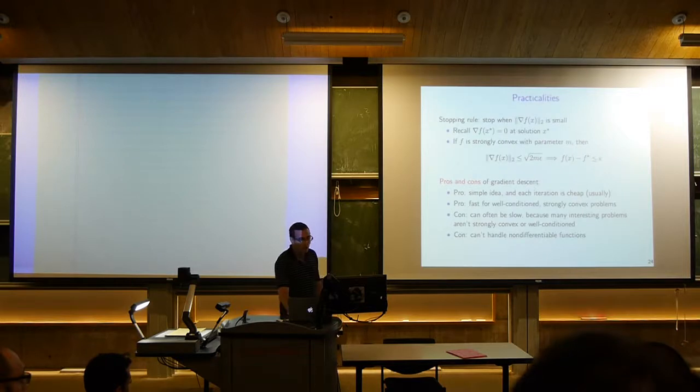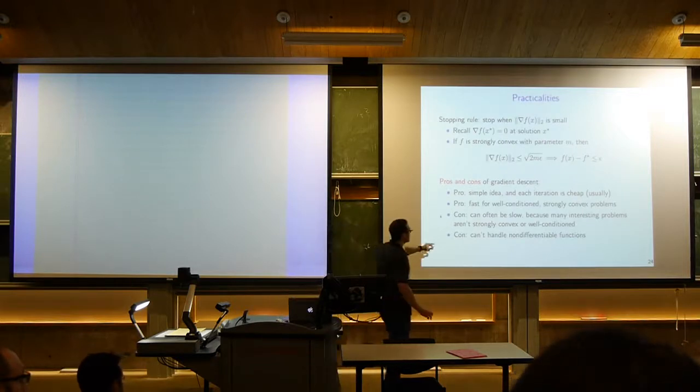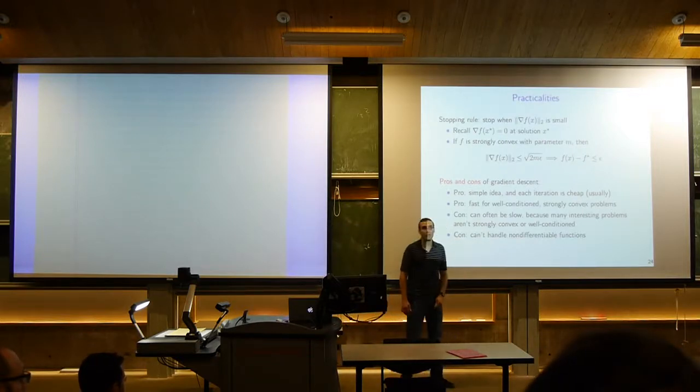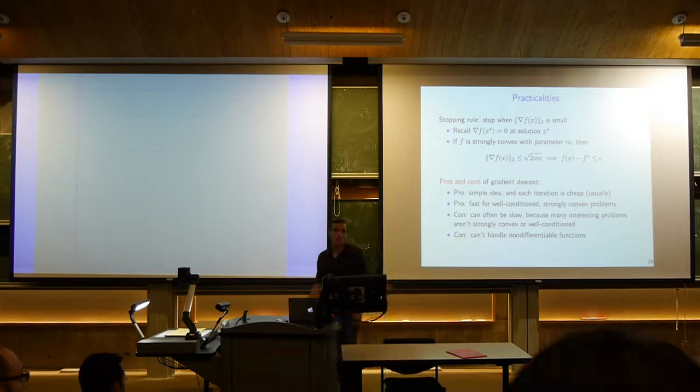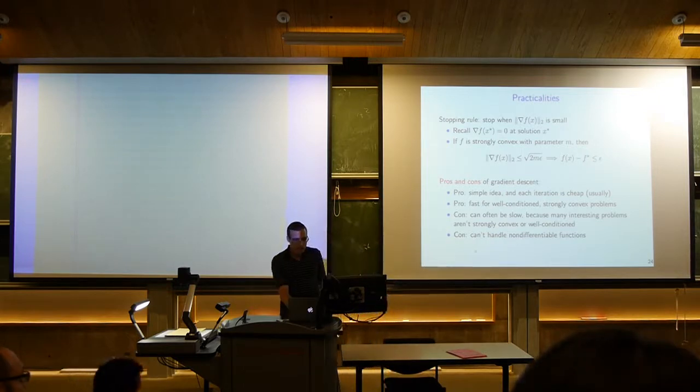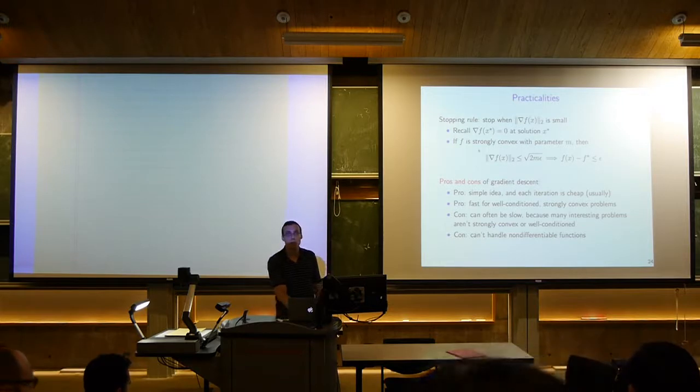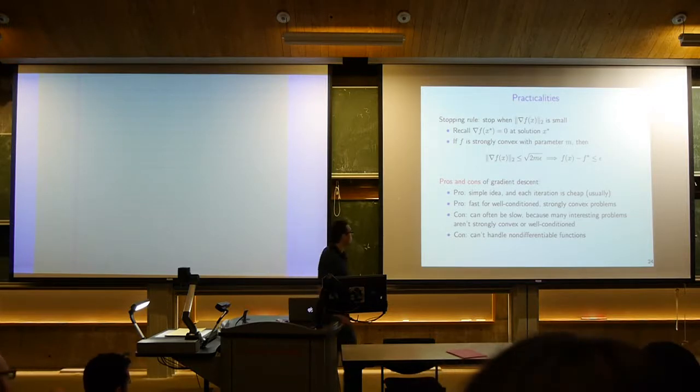So in several interesting cases, it's either poorly conditioned or it's just not strongly convex in the first place, so gradient descent may not be that fast. And maybe an even bigger disadvantage is that as we define it, we can't handle non-differentiable functions. So we just don't know what to do if f wasn't smooth. Okay, so we'll treat this one right away.